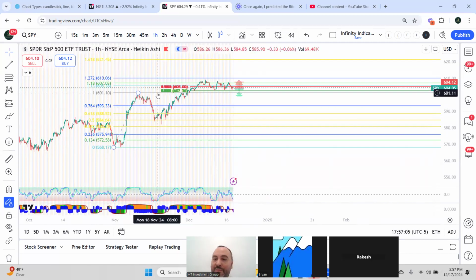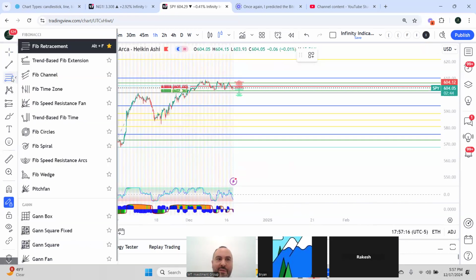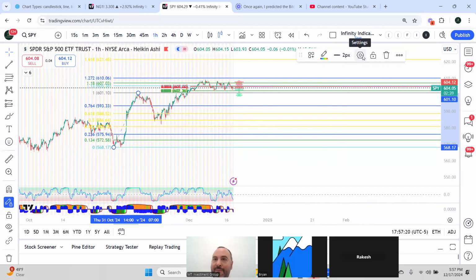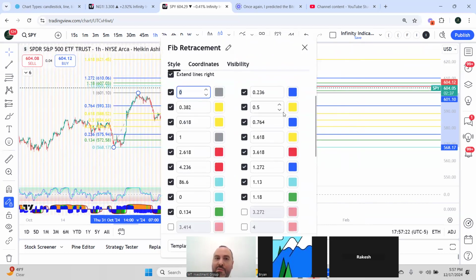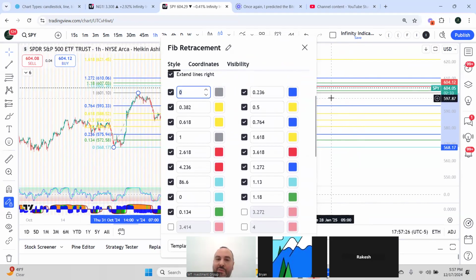Could you double click on your fib lines real quick? I just want to take a brief look at those settings. Is this what you want? Okay, you just added the 0.134 at the bottom, and it looks like you have another zero.